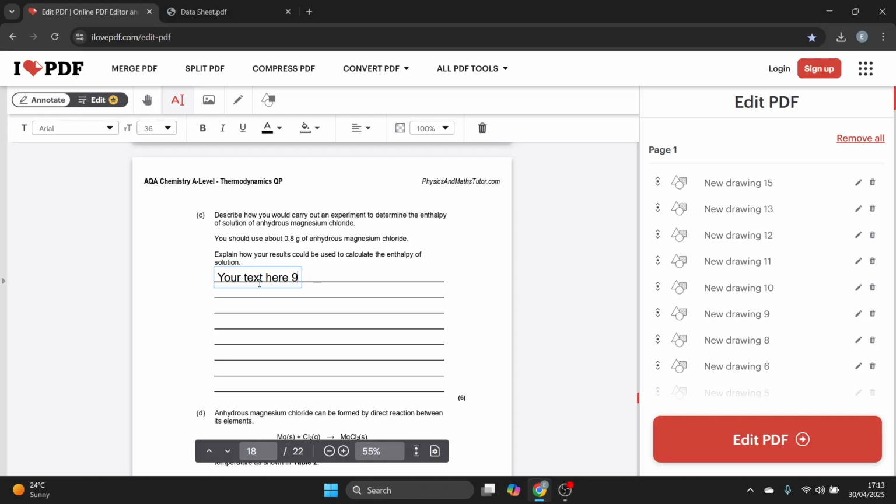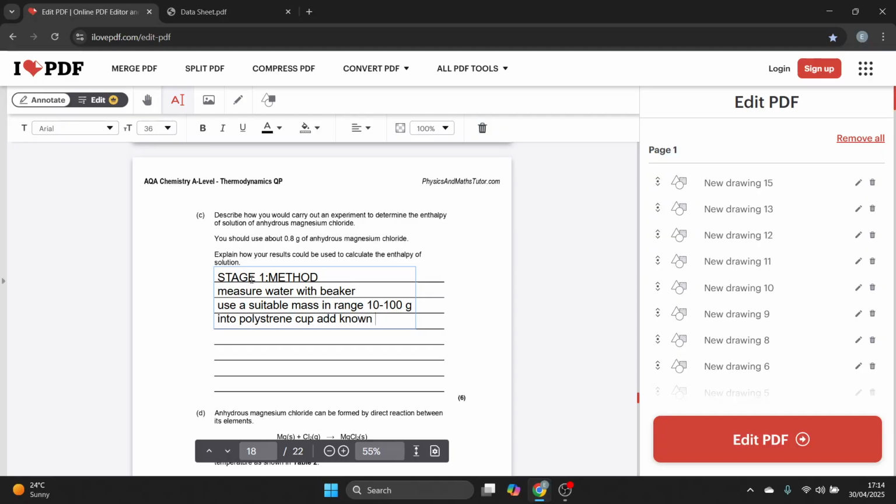This is actually a very nice question. So stage one, your method. Measure water with a beaker. Use a suitable mass in the range 10 to 100 grams into a polystyrene cup.